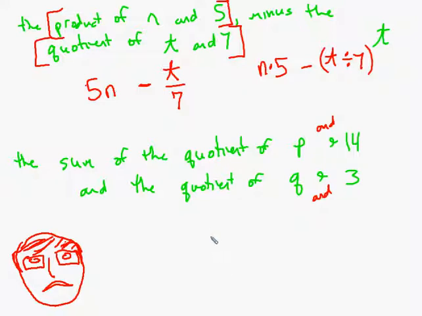All right, the next one, the second one. Who shall I pick on? Perhaps Taylor. What do you think for the second one? P divided by 14. I don't know, that's probably wrong. Continue. Plus Q, divided by 3.